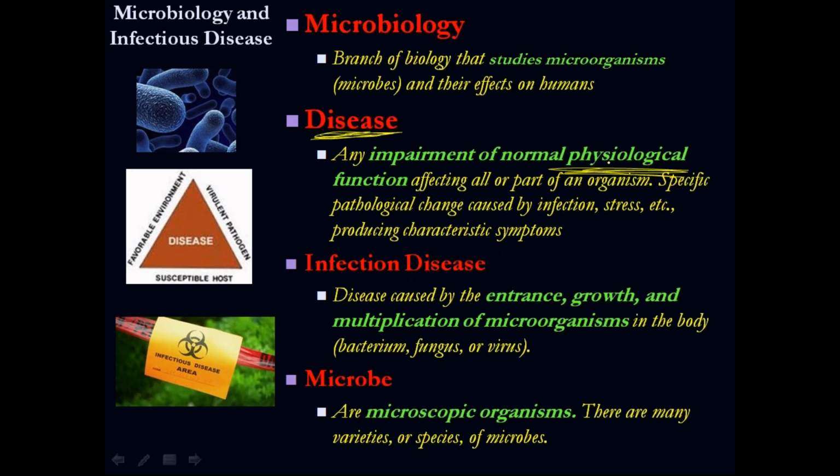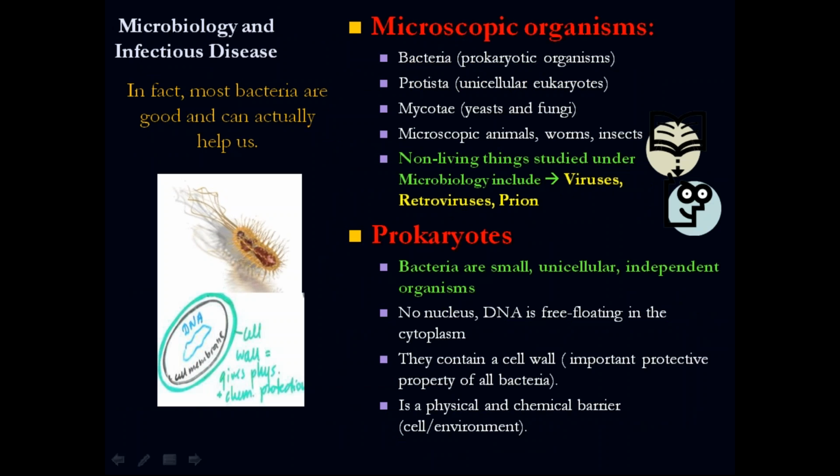Your functions, or the organs, are going to be impaired. So we need to be careful on that. Infectious disease is the invasion, growth and multiplication of microorganisms. All right, here we have our friend E. coli that is moving there.